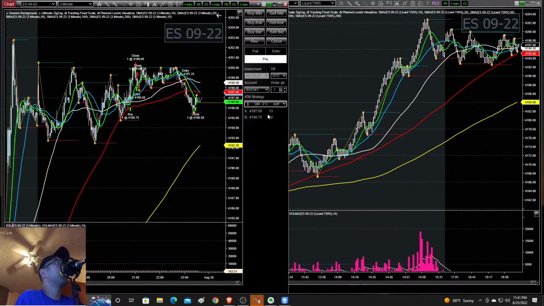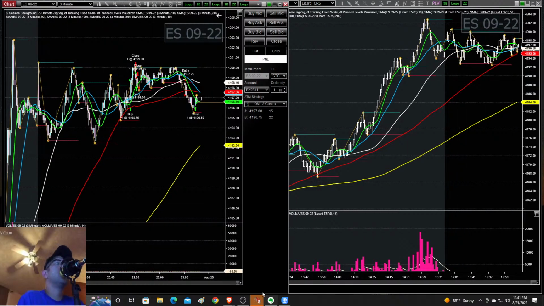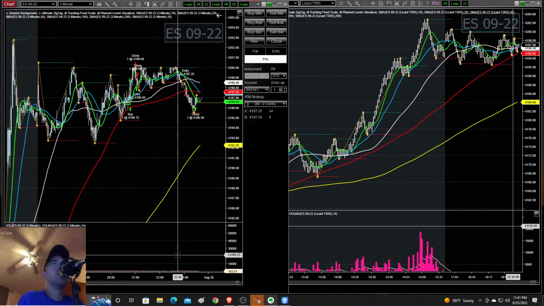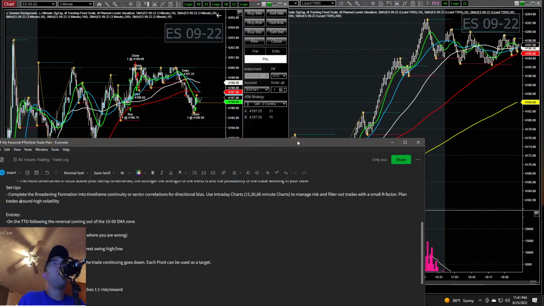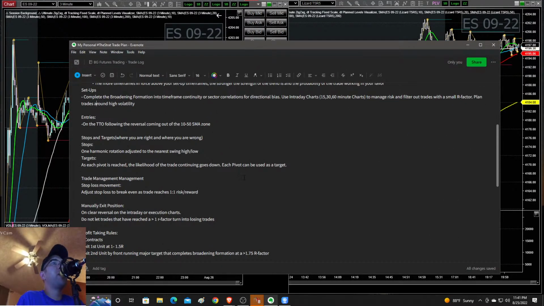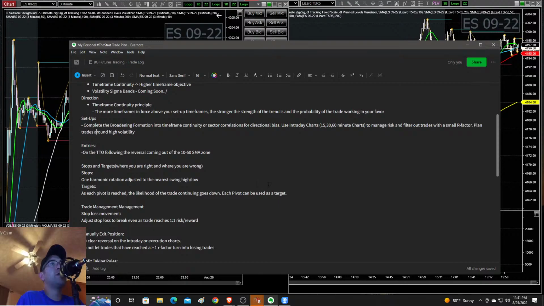So that's how you choose your stops with the strat. Again, these are elements of a trade plan that every trader has and every trader uses, but they're pretty clear as day, spelled out very usefully in the strat.